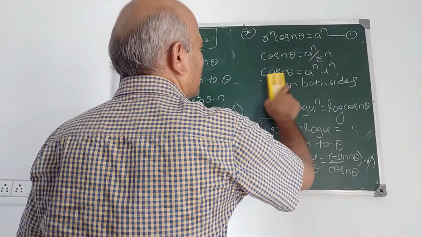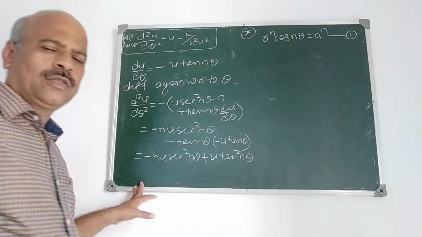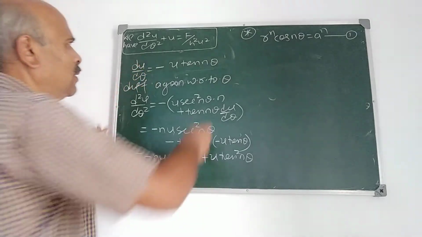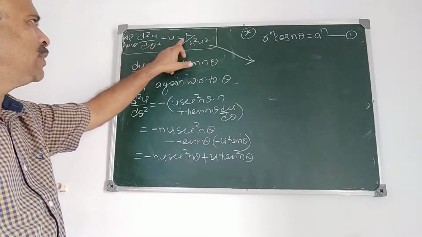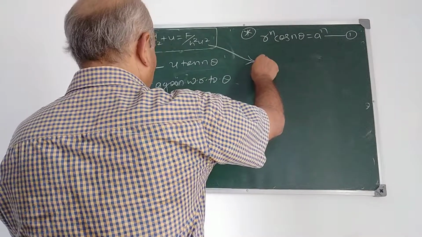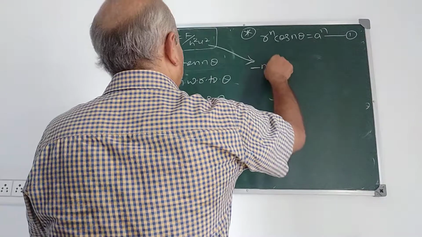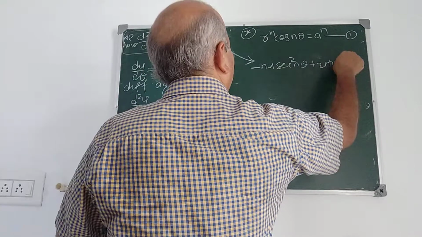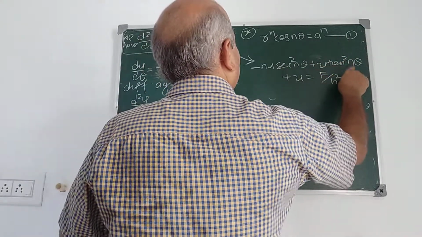Now we substitute this d2u by d theta square in the differential equation of the central orbit. Differential equation of the central orbit is this: d2u by d theta square plus u is f by h square u square. So substituting the value of d2u by d theta square, we get minus nu secant square n theta plus u tan square n theta plus u is equal to f by h square u square.